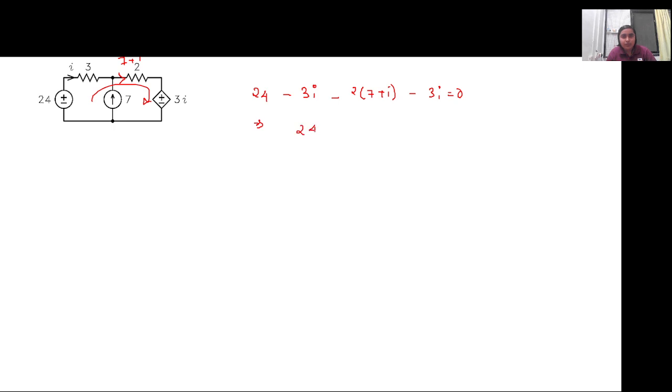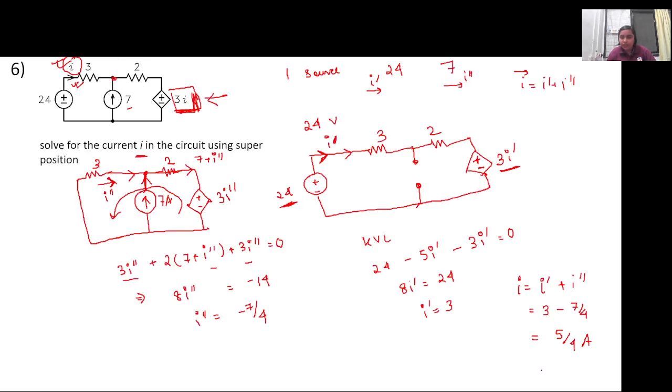So it is 24 minus 3I, so minus 6I minus 8I minus 14 will be equal to 0. So 8I will be equal to 10, I equal to 5 by 4, which is exactly what we had got when we used superposition theorem.